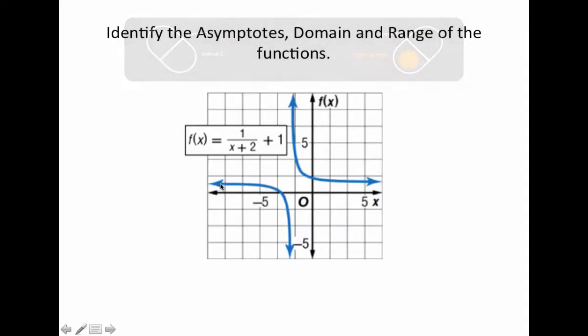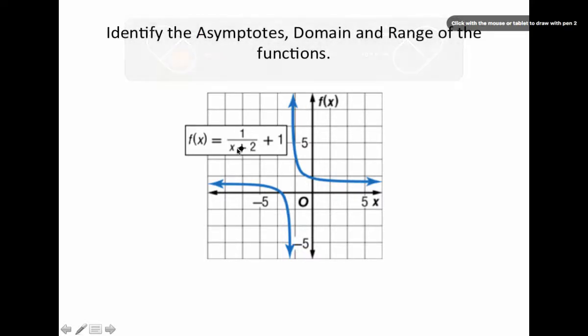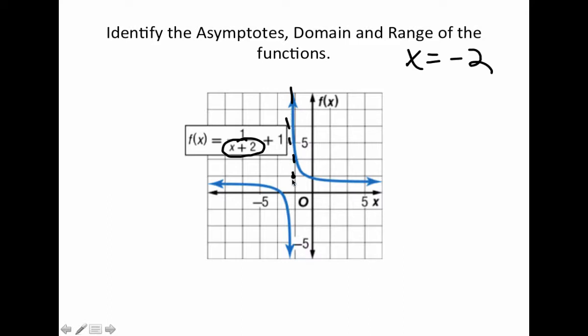Here's another one. Let's first find the asymptotes. Well, what's the value of h? It's x equals negative 2, and here we are, 2 to the left. There's my asymptote, 2 to the left, and then I'm 1 up. y equals positive 1, I'm 1 up. There are my asymptotes.